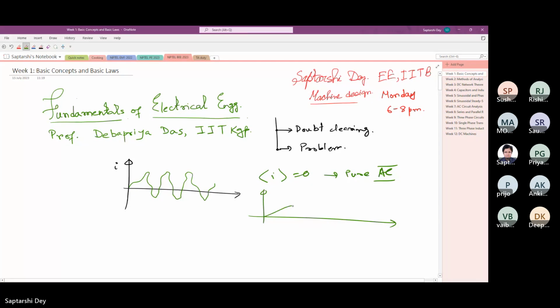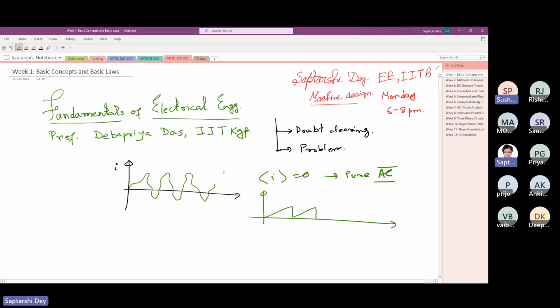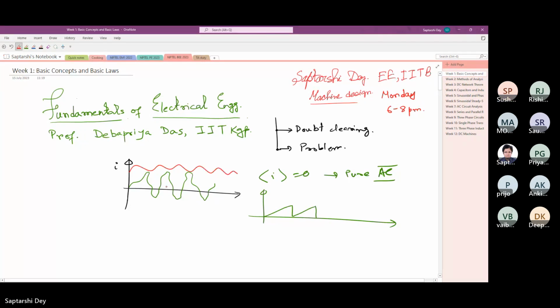It is only in the first quadrant. Is it AC? No, this is not AC. This is DC. Sir, but it is not constant, it's coming up and down. DC does not need to be constant. It can be varying.